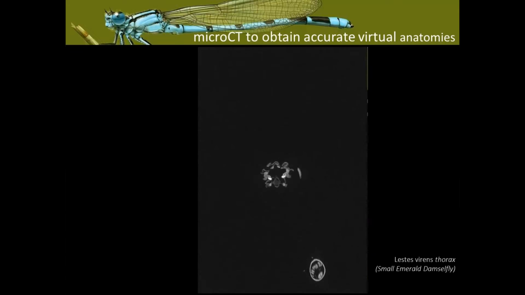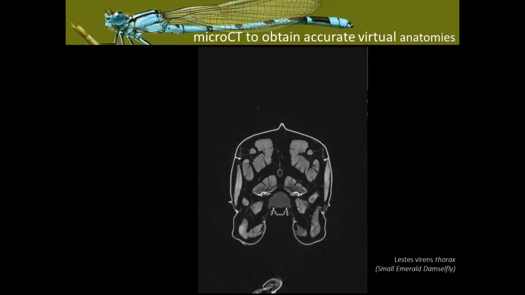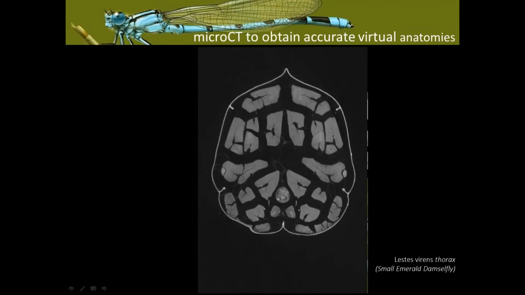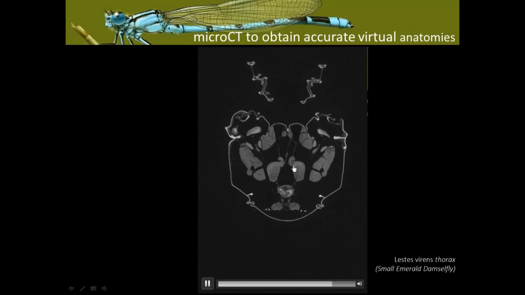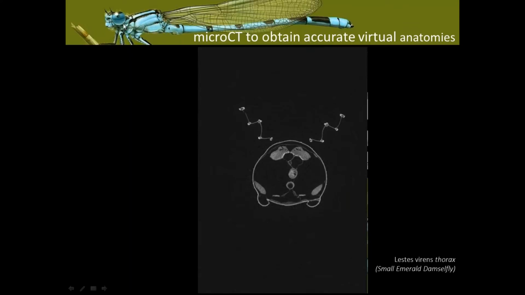Okay, so taking a brief look at how this micro-CT data looks, we have here a stack of images, and this is actually the thorax of a dragonfly. You see here in the upper part of the slide the dragonfly, and this is from an image stack from the anterior to the posterior part of this part of the dragonfly.